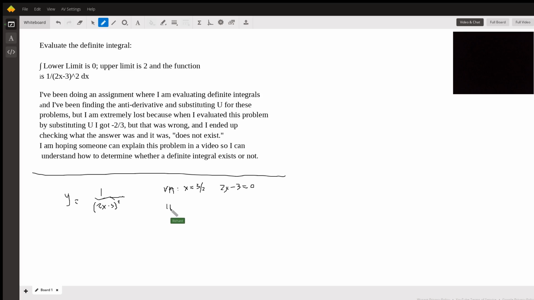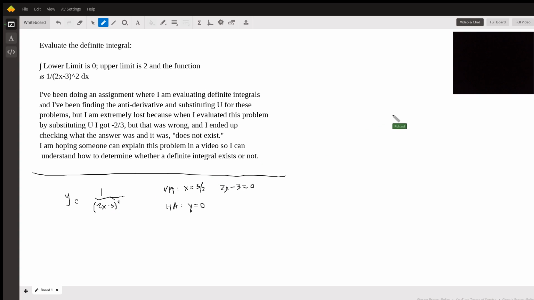There's also a horizontal asymptote, because as x gets infinitely large or infinitely small, this ratio comes closer and closer to 0.